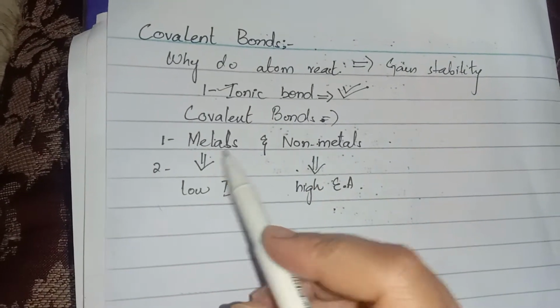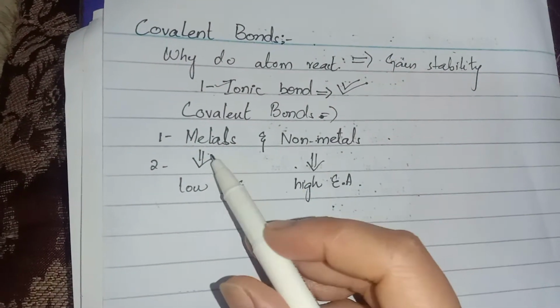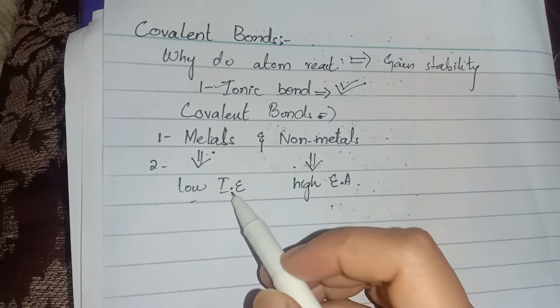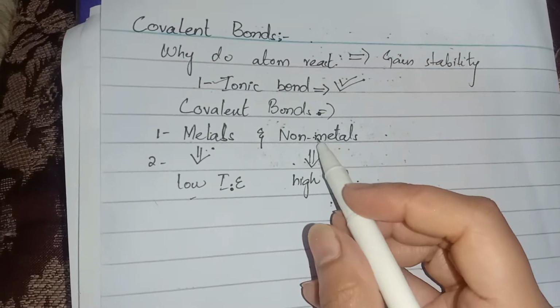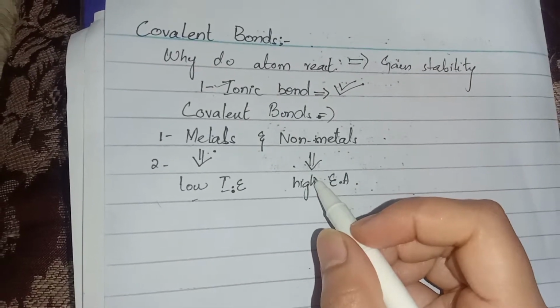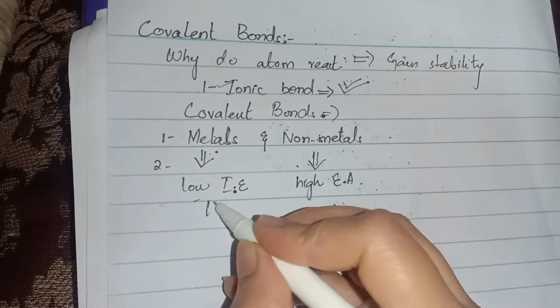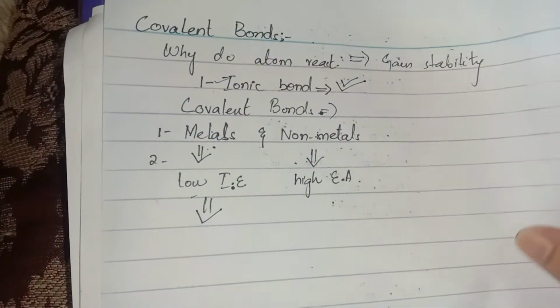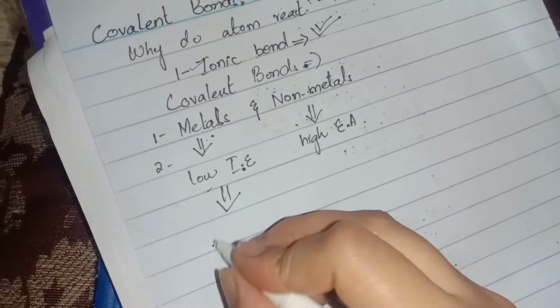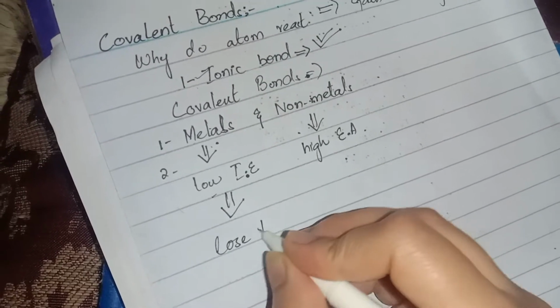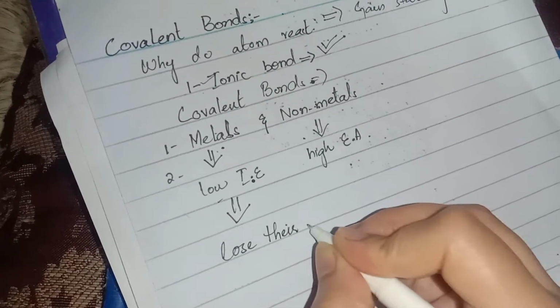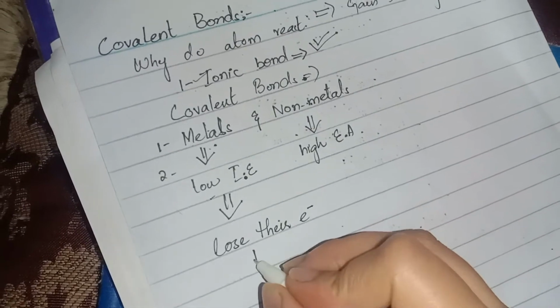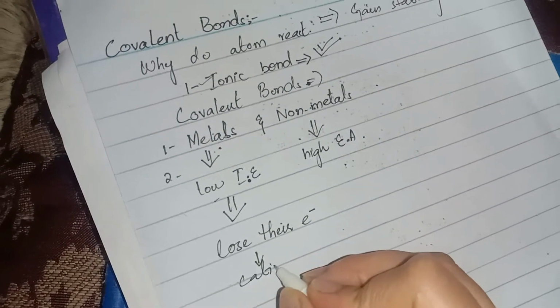These were the metals and the non-metals. The metals were the elements which have the lowest ionization energy, and the non-metals were the elements with the highest electron affinity. Because of their low ionization energy, metals were able to lose their electrons, and because of the loss of electrons, they were able to form cations.